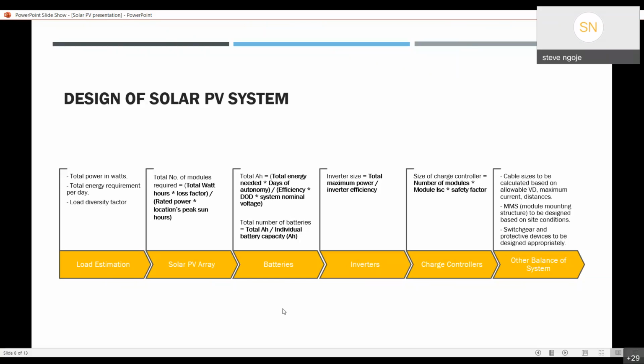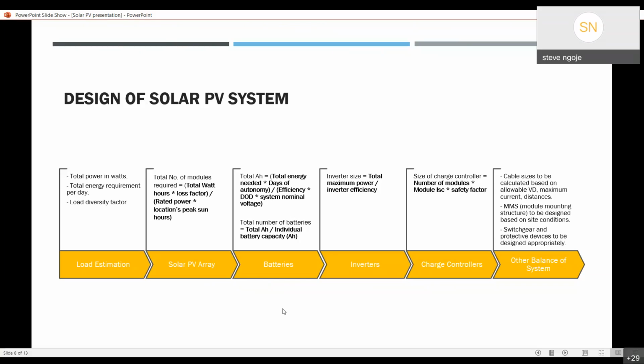That is the general energy we can get from the sun rays. It varies from place to place. For example, in Nairobi it's different to what you'll have in Eldoret.